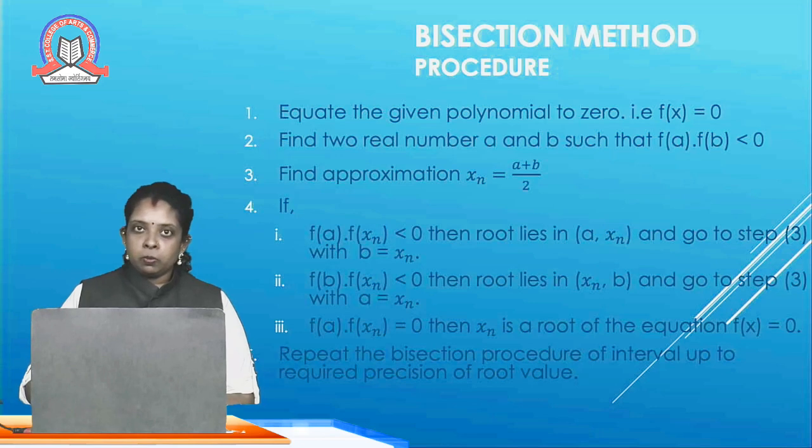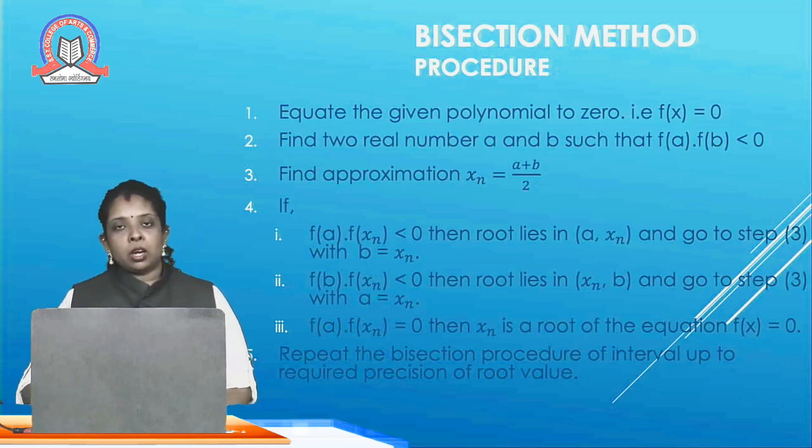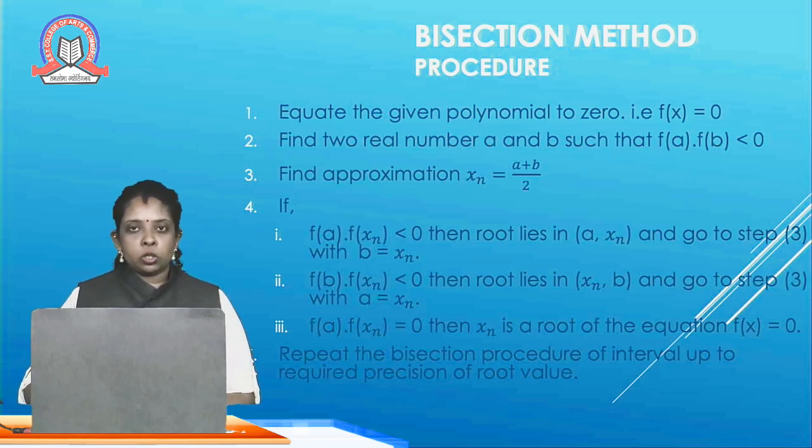For the initial approximation we have a few conditions. If the product of f of a and f of xn is greater than 0, then for the next approximation we consider the interval a and xn instead of a and b.